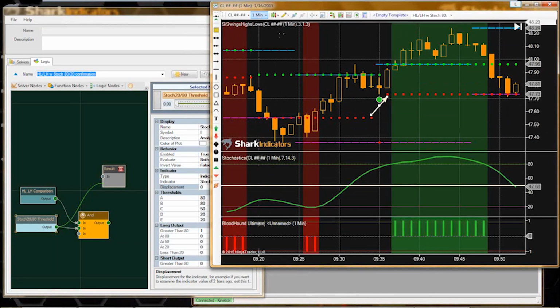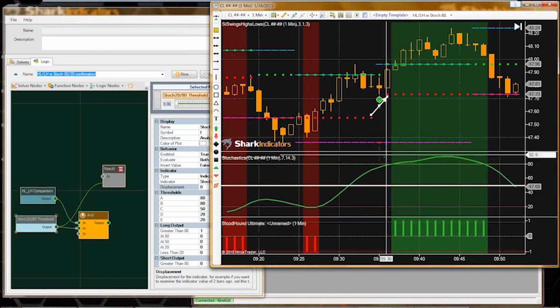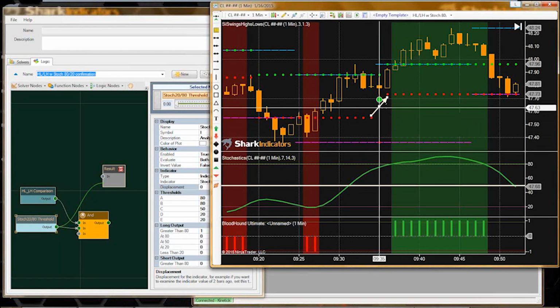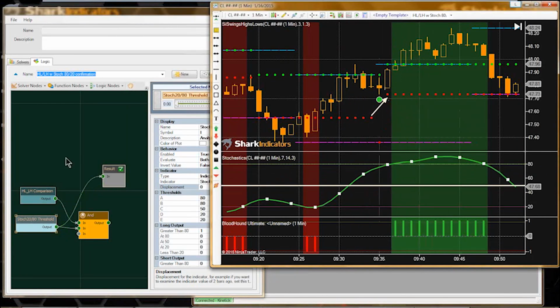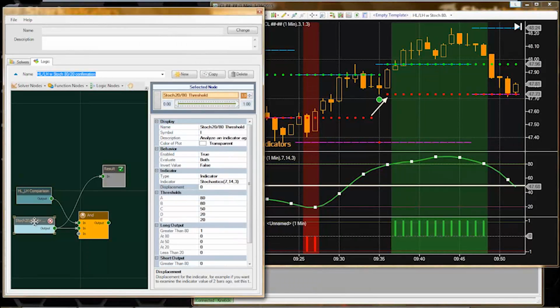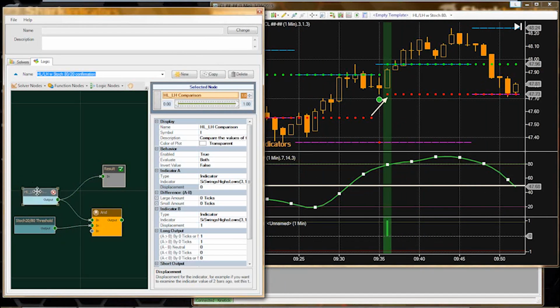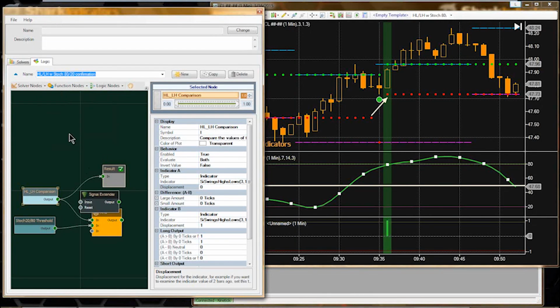I'm using 1 minute bars, so maybe Tom's using different bar types that might take up to 8 bars, so after this higher low is identified, it might take up to 8 bars for the stochastic to catch up. So we need to add this exception. What we need to do is take the signal that identifies this higher low and extend it forward 8 bars. We can simply do that by using the signal extender.